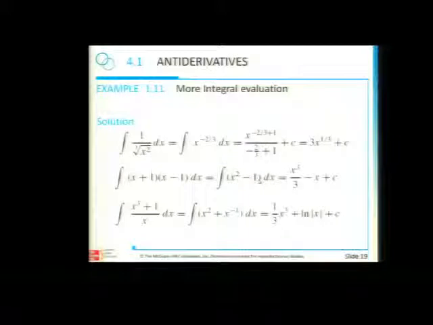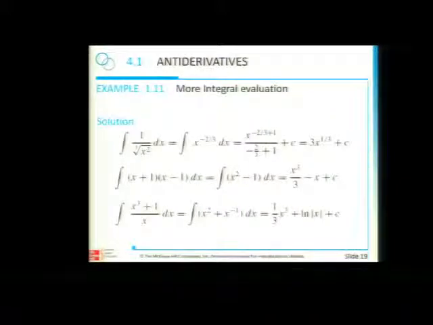Integrating x squared, you get x cubed over 3. The integration of 1 with respect to x gives you x. Of course, it's minus because this is negative. And then you add a constant c.